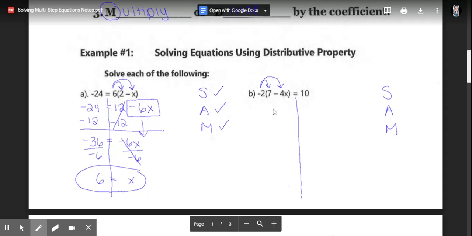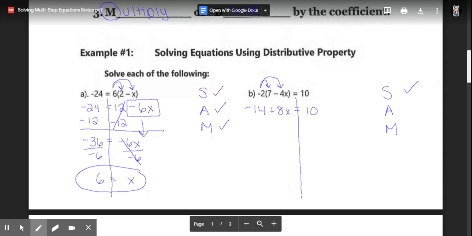Which one of these answers shows the correct answer after I distributed? It should be negative 14 plus 8x. A negative times a positive will make this be a negative, and a negative times a negative will make this turn into a positive. Bring down the equals 10. That's as simplified as that equation is going to get.